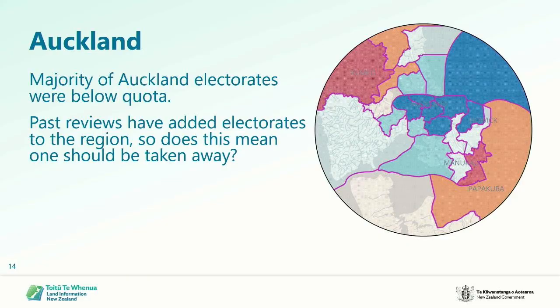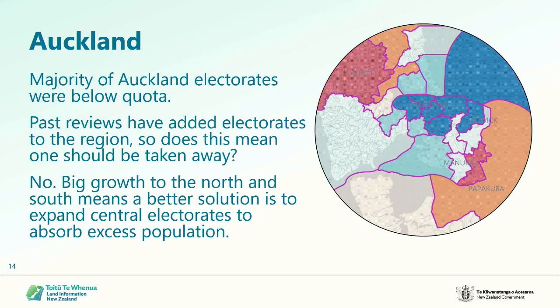So I thought, well, that's got to be the easiest, doesn't it? Well, no. The issue here is that you get the more rural or suburban areas to the north and south that are rapidly growing. So actually it makes more sense to expand those central electorates out, and then they balance themselves out.